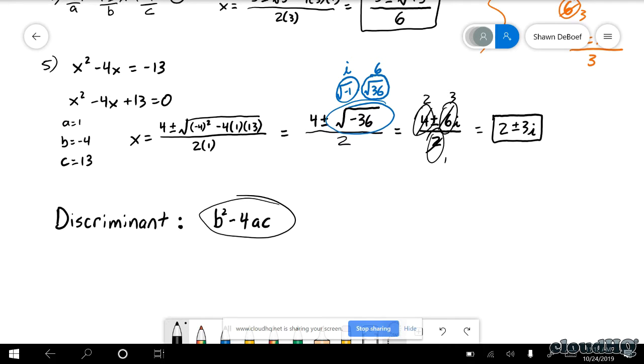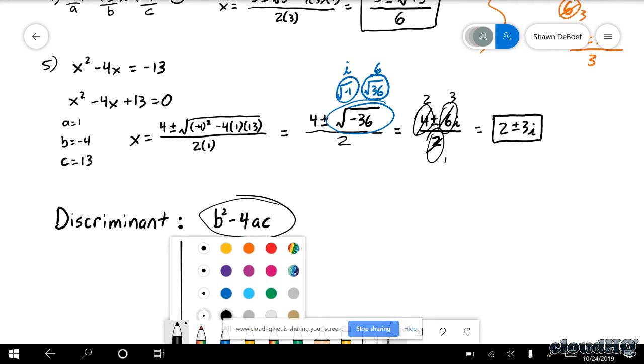Why do we call that the discriminant? Discriminant sounds a lot like discriminate. And in a way, that's what we're doing. We're not looking down on any of these quadratics, but it is helping us to discern what type of quadratic we're going to have. So a discriminant allows us to kind of categorize the type of quadratic that we have.